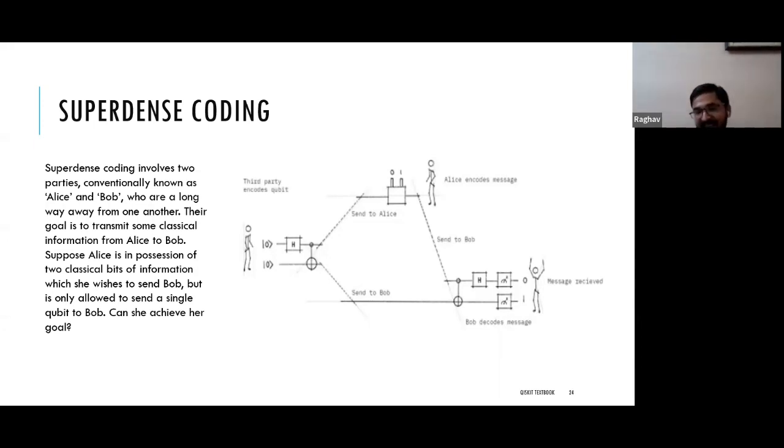If you do not see or measure it, it will be in a superposition of running and not running. And when you measure it, you will find either that he was running or that he was not running. That is strange, counterintuitive basically. That's the beauty of quantum mechanics.